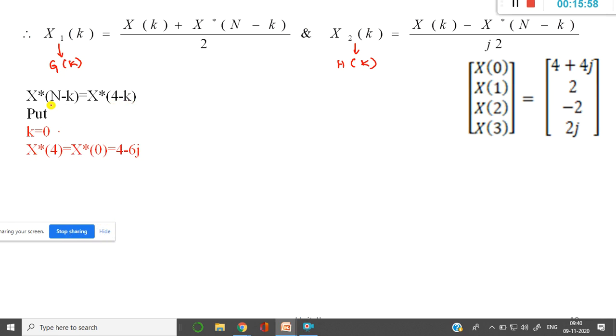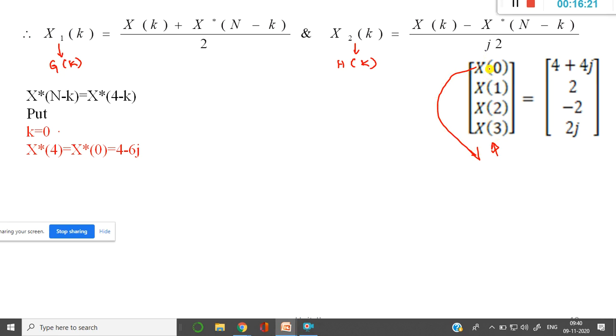That will give you X conjugate of 4 minus 0, that is X conjugate of 4. We don't have X of 4 itself, right? So what will be the X of 4 value? Since it is periodic in nature, it repeats X of 0 itself.